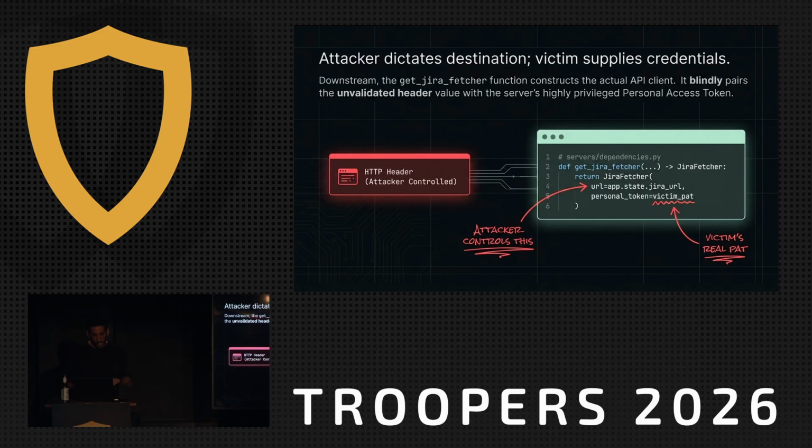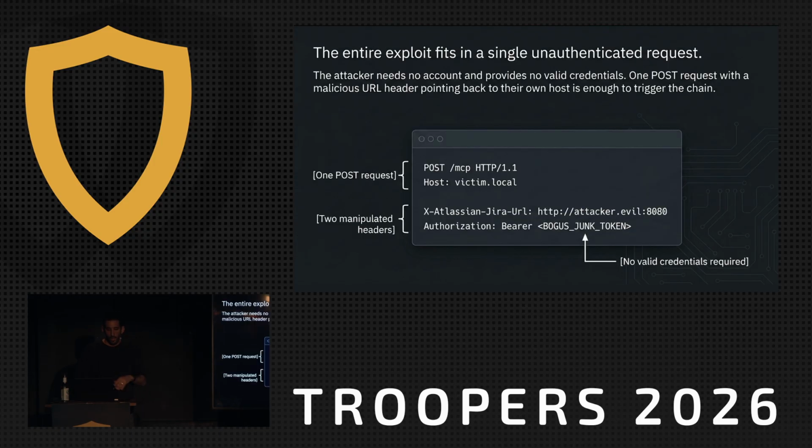So that was the first kind of issue that we found. And that wasn't all. Just to make sure that we're clear, the attacker can change the header to whatever server he wants, whatever host, and the request will go to that attacker-controlled server. Basically, this is how it looks.